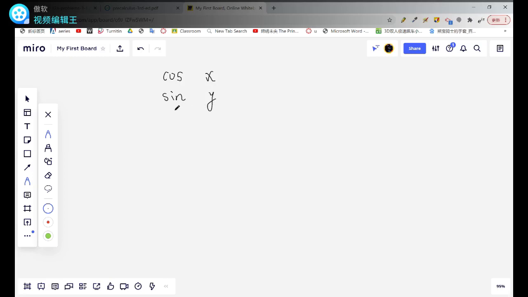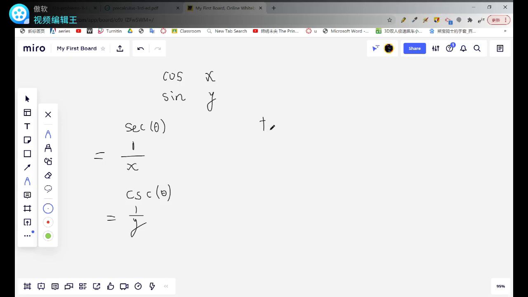Then, what is secant? Secant theta is basically just equal to 1 over x. Okay? And this stands for cosecant. Cosecant is equal to 1 over y. And then we know the tangent.